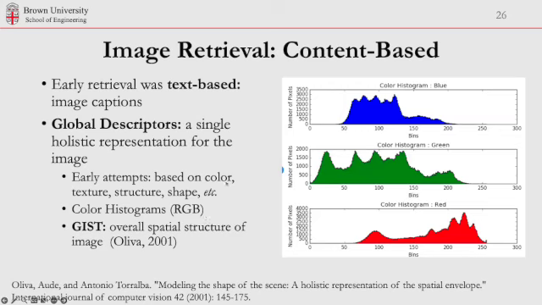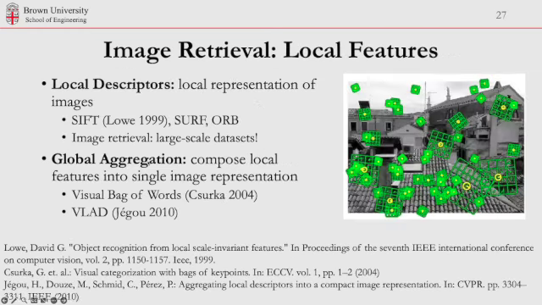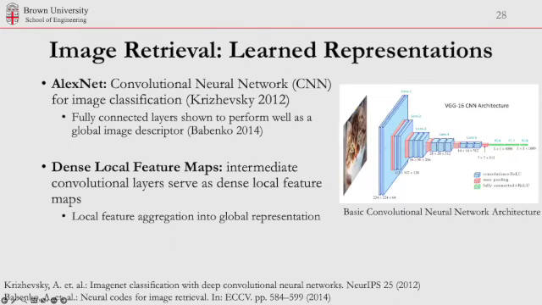Image retrieval is based on the content of the image. The early image retrieval was really text-based. It was retrieval by the captions of the images. A way that image retrieval is used now is you can put an image through, say, a convolutional neural network, and you can use the intermediate layers or the fully connected layers as a representation of the image.